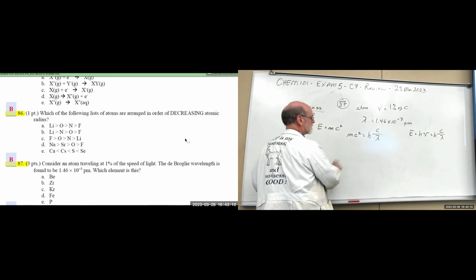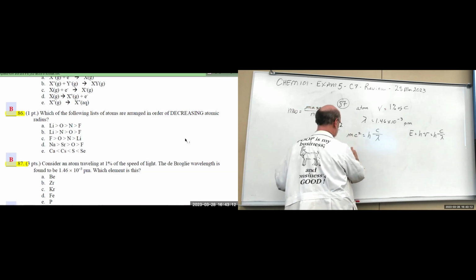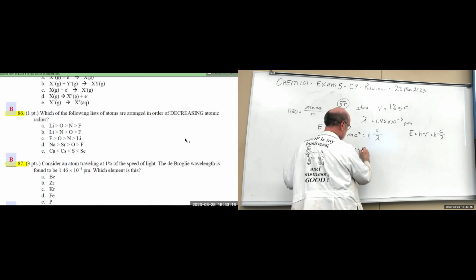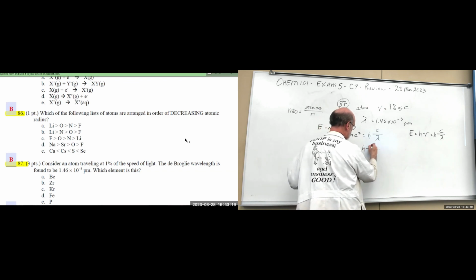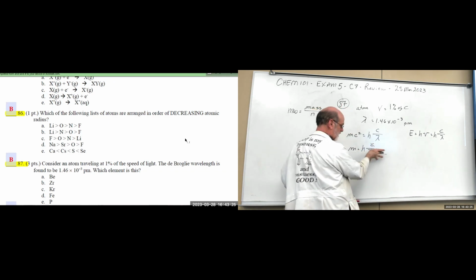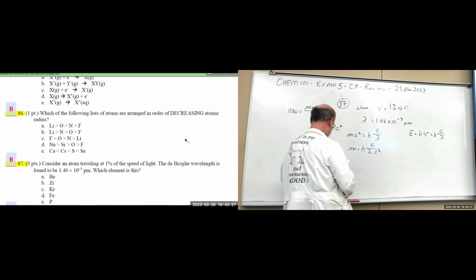And the mass of this atom then would be equal to h c, with c squared as the divisor. That cancels one of those c's.